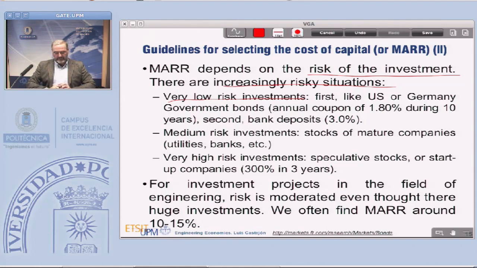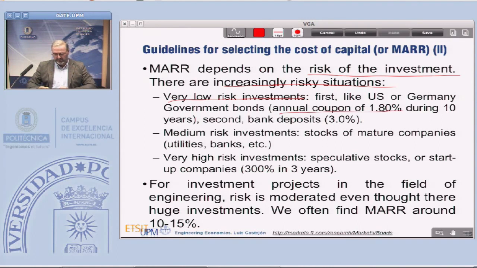What are government bonds? As all states, they need to finance their expenditures in public services and so on. So sometimes they issue new money, not new money. They issue certain bonds, certain assets that give the investor the possibility of earning an annual coupon.